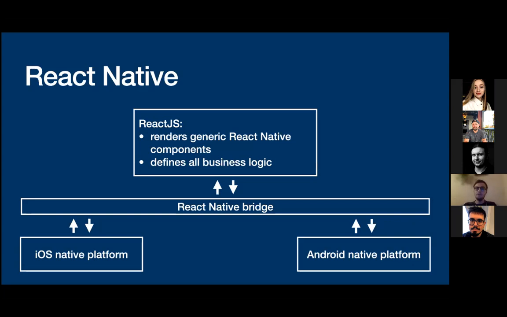For example, we define how we want the screen to look like in our JavaScript. So we use React.js syntax to build the component structure on the screen. We apply styling to that. We do all these things. And once the screen is loaded, JavaScript thread sends a message to native thread, hey, here's the thing.